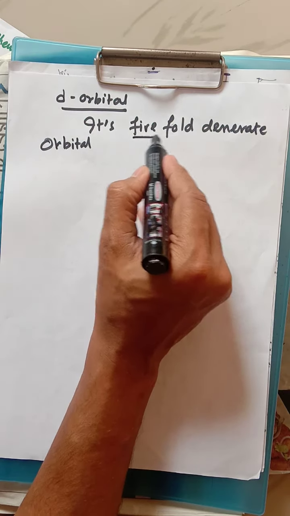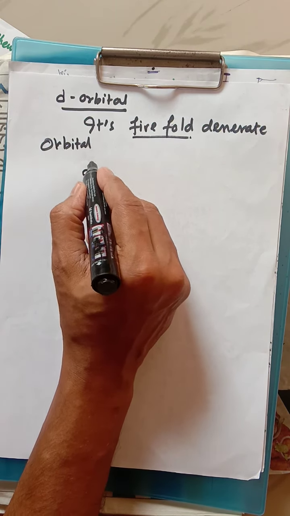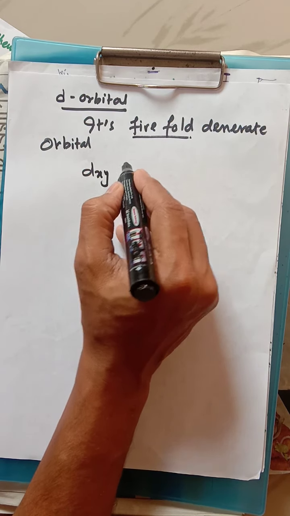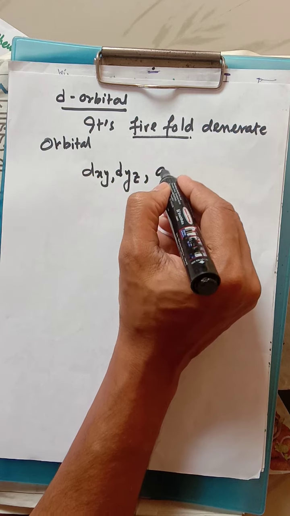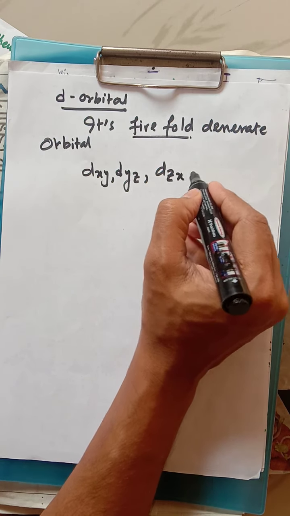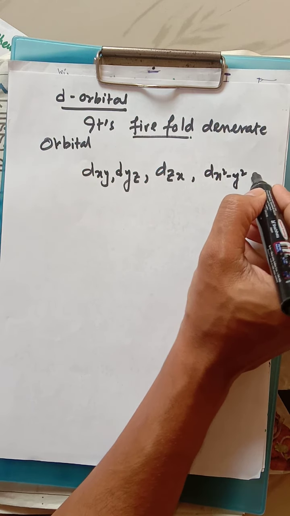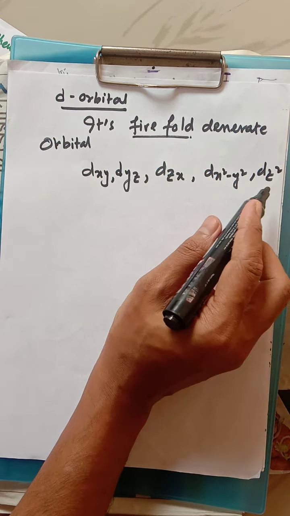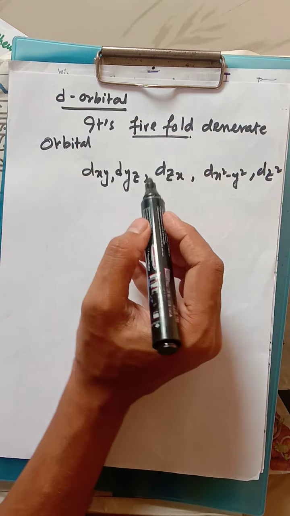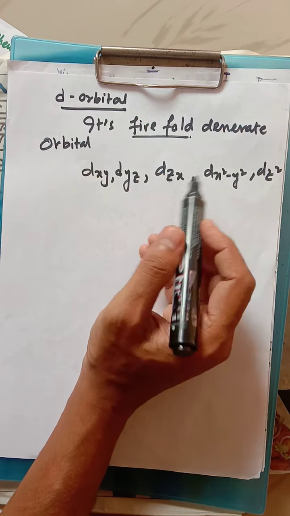What are the five orbitals? Here the five orbitals are dxy, dyz, dzx, dx square minus y square and dz square. These are the five orbitals associated with the d orbitals. That's why it is known as 5-fold degenerate orbitals.